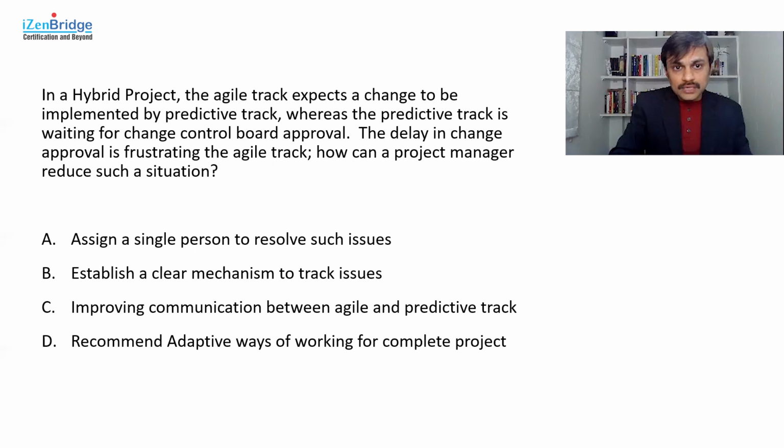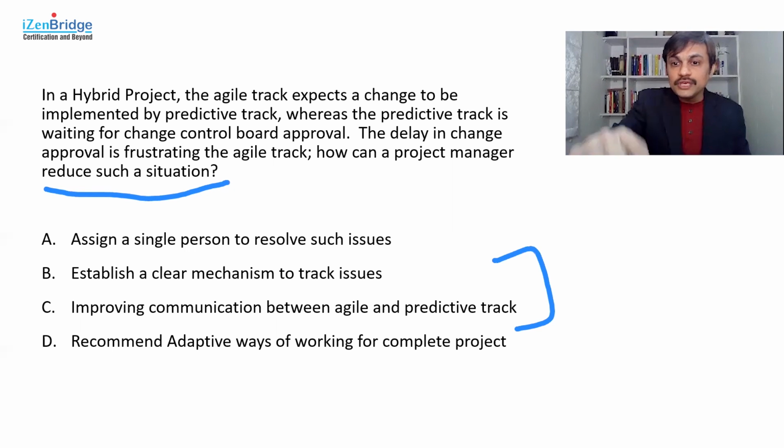The word that helps us identify which of B or C to pick is this. B can help me in resolving this situation, whereas C will be more helpful in reducing such situations.